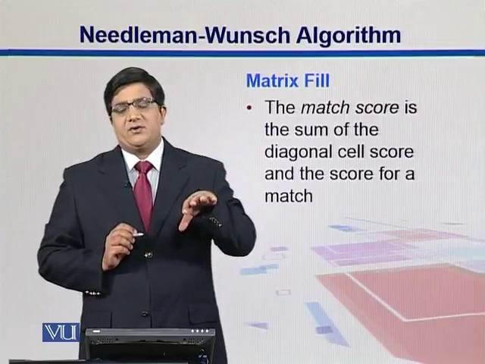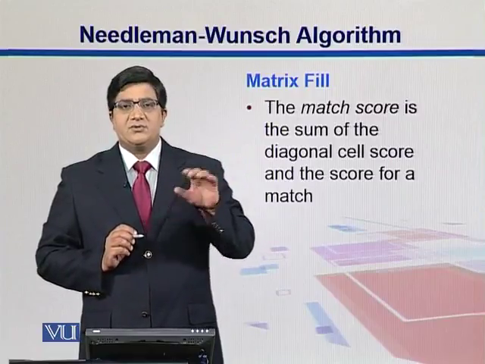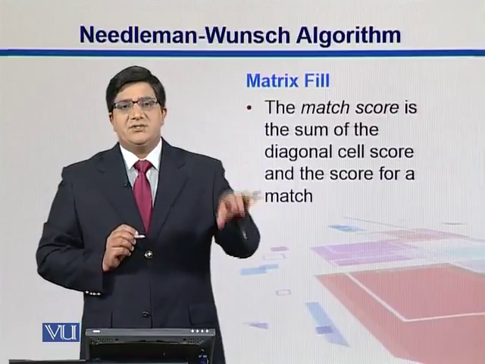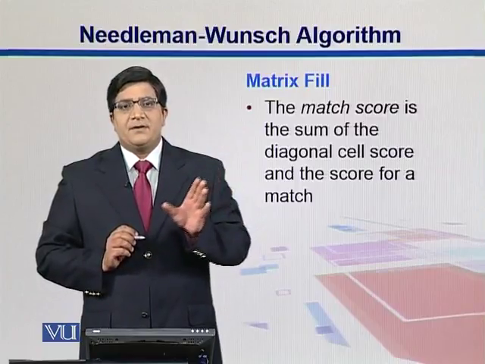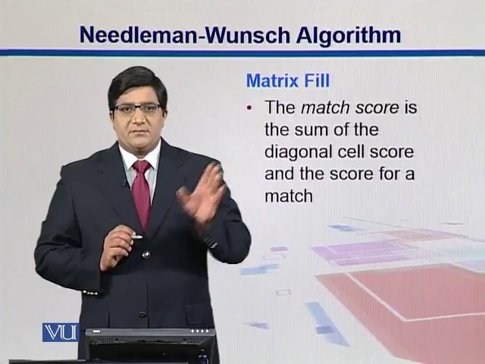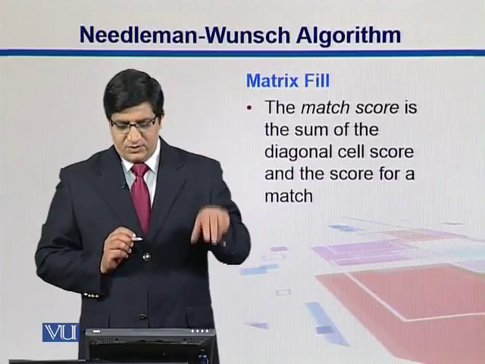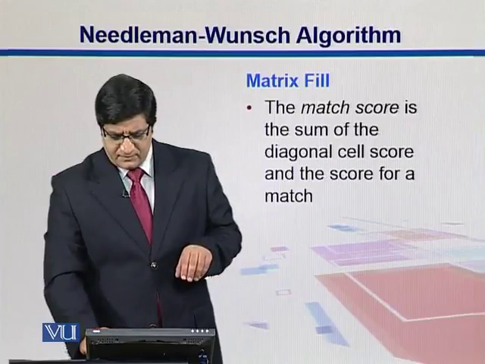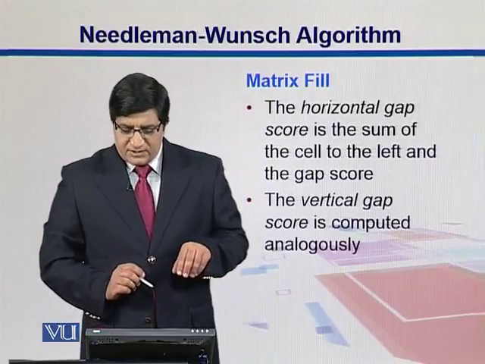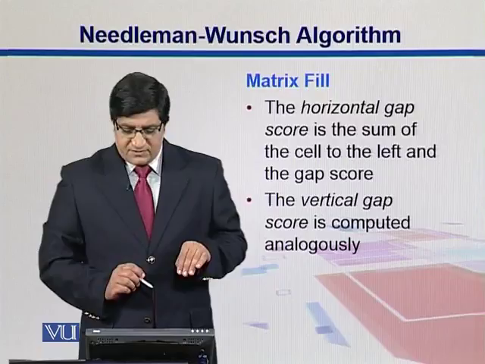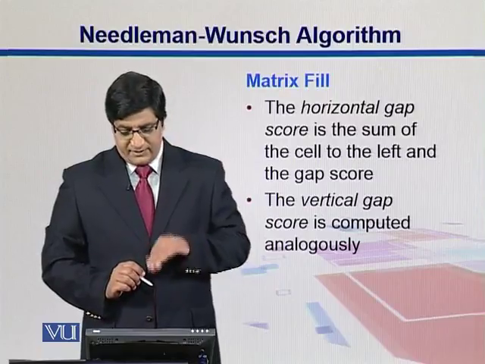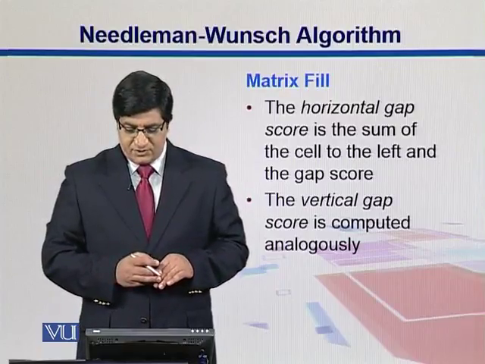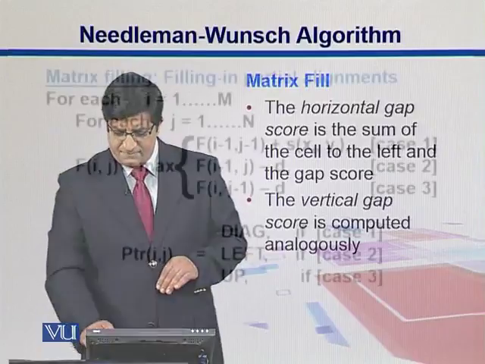For example, right now we are at I and J, so it will be I-1, J-1, the cell present in the previous row and column in the diagonal. We can have a horizontal gap score, that is the sum of the cell to the left and the gap score, and the vertical gap score is computed in a similar way.